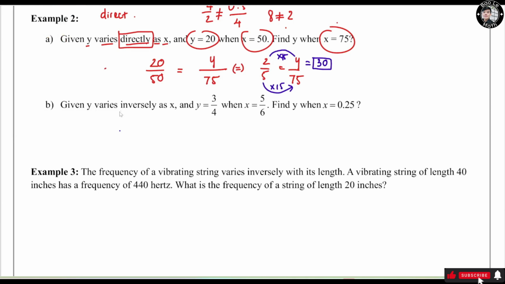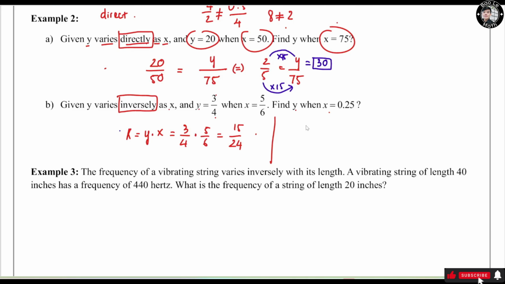Now question B. Given y varies inversely as x, y equals 3 over 4 when x equals 5 over 6. Find y when x equals 0.25. We need to find the constant of inverse variation: k equals y times x, which is 3 over 4 times 5 over 6, or 15 over 24.